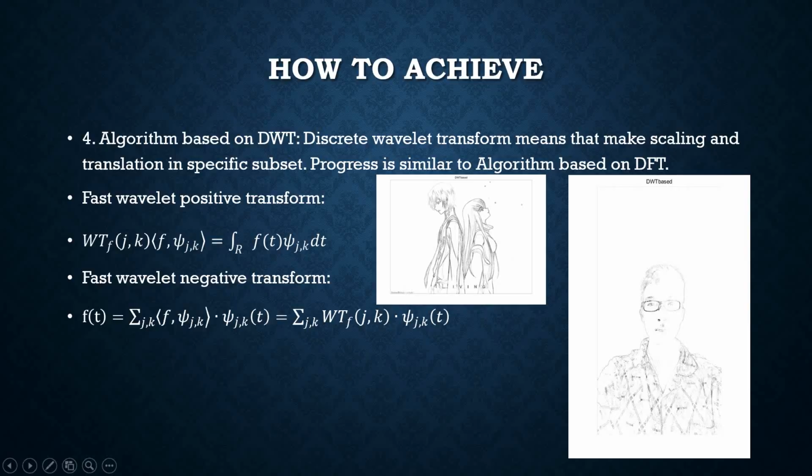Almost only the main part of the picture is left, so it may be used in some picture recognition, and if they want to remove the unimportant part, the DWT based algorithm is a good choice.